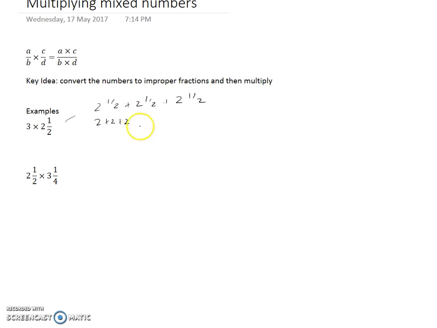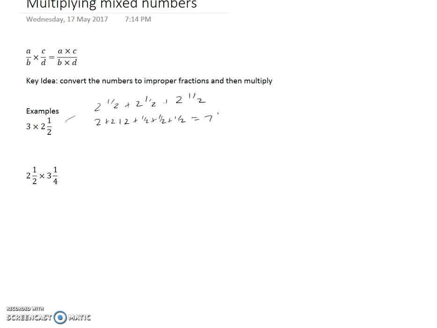Get the whole numbers together, get the fractions together. That's 6. A half plus a half is 1, plus another half is 7.5 in total. Okay, so that's pretty easy, isn't it? So you don't always have to convert numbers to improper fractions and then multiply and then cancel down. It just depends on the question.